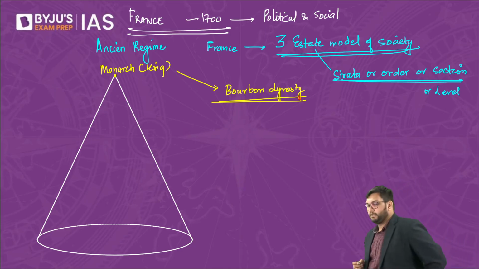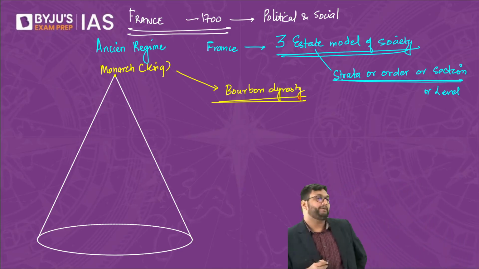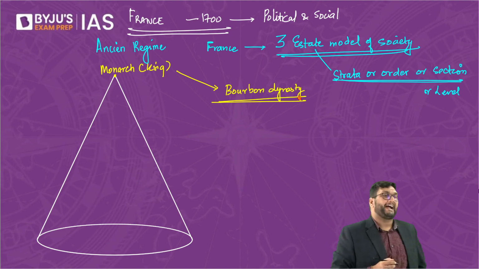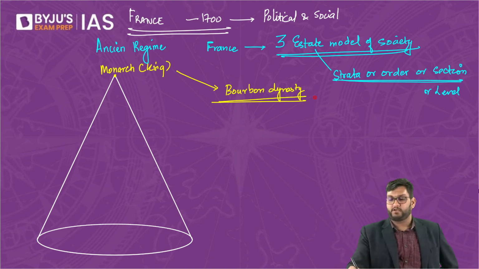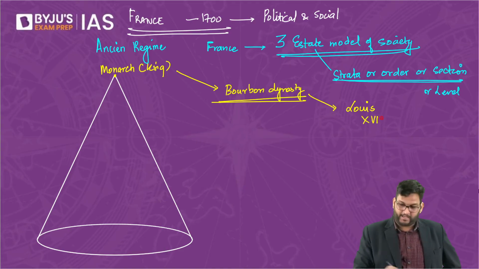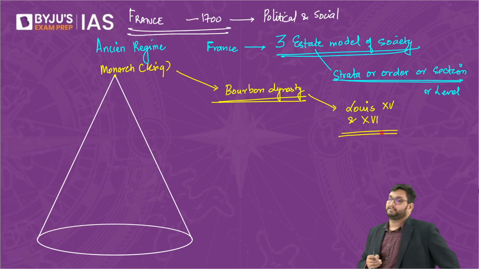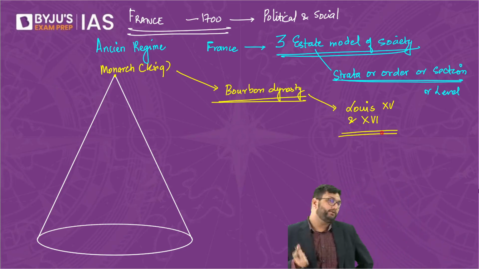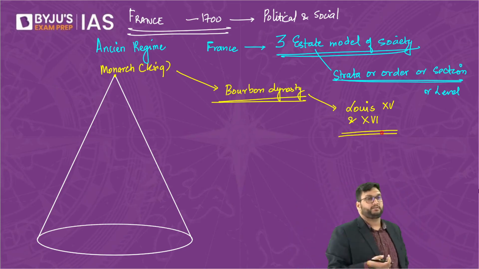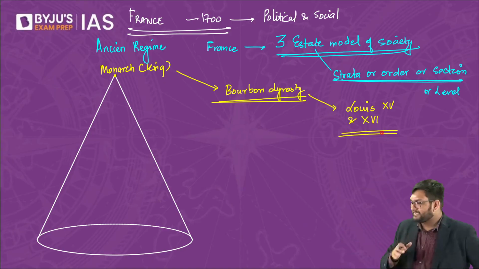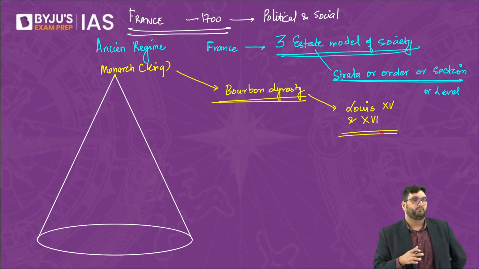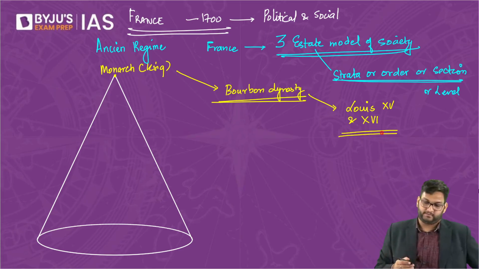The Bourbon dynasty were very kind to UPSC aspirants because they mostly took the name Louis the 15th and 16th. These are the 2 persons who are very important to us. So easy for us to remember. This is a very standard monarchy, Bourbon dynasty, Louis 15th and 16th.